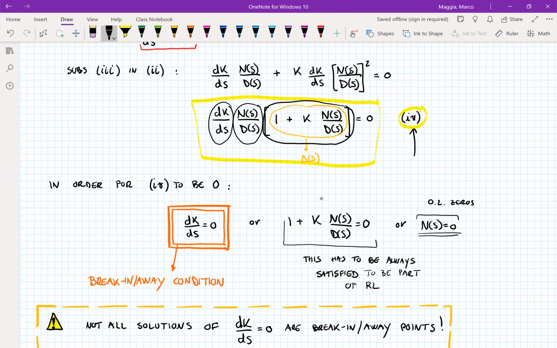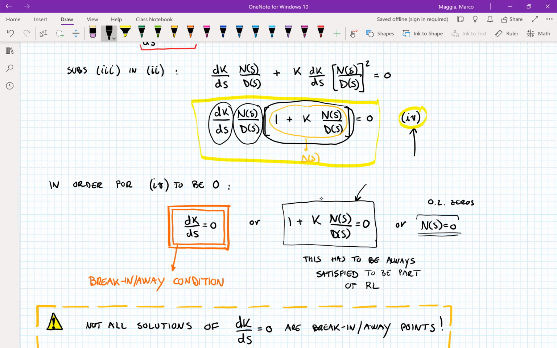Then the other factor, 1 plus k times n over d equals 0, well, that is simply the characteristic equation itself. So that has to be satisfied no matter what. So it doesn't give us any extra information because all the points belonging to the root locus satisfy such equation.